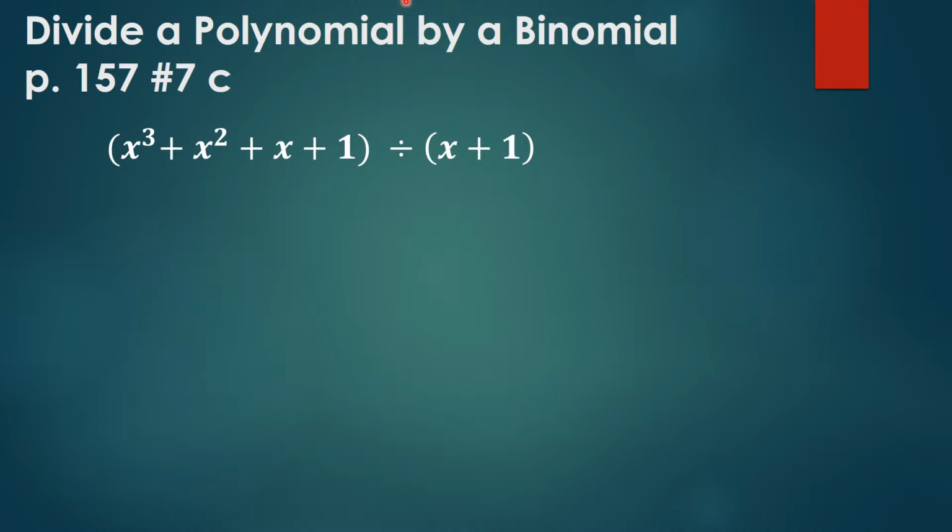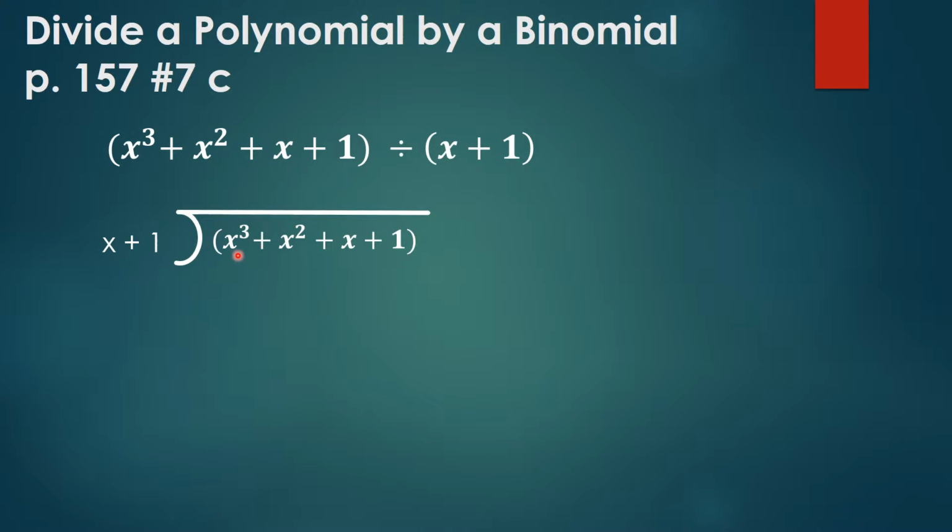So you have the polynomial x to the third plus x squared plus x plus 1, divided by x plus 1, a binomial. So it's a polynomial divided by a binomial. So we write it. The divisor is there when you're going to divide by, and you put the dividend inside the long division sign.